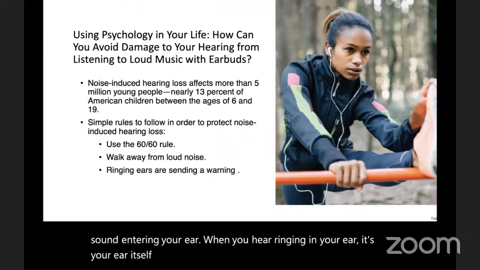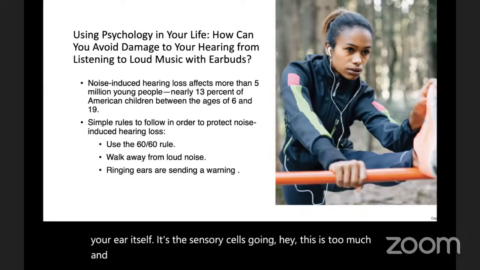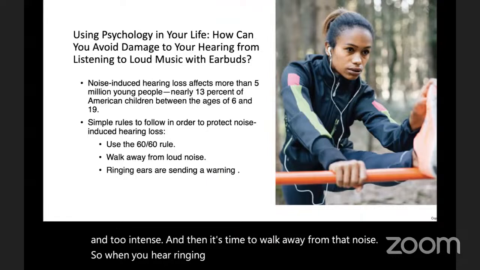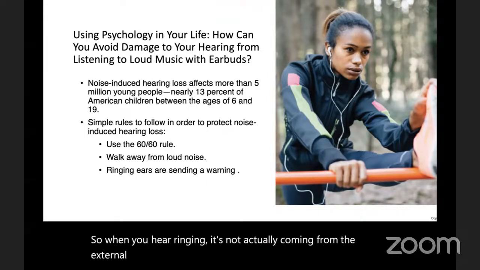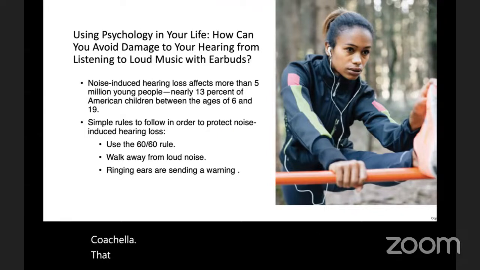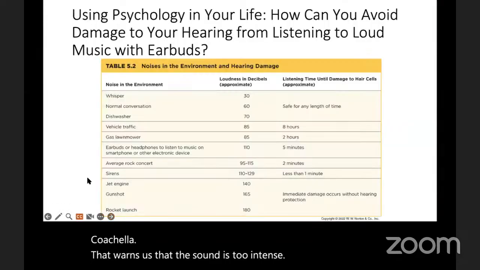It's the sensory cells going, hey, this is too much and too intense, and it's time to walk away from that noise. So when you hear ringing, it's not actually coming from the external environment. It's an alarm system located in our cochlea that warns us that the sound is too intense. Okay.